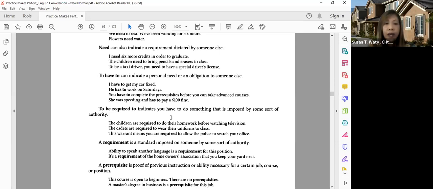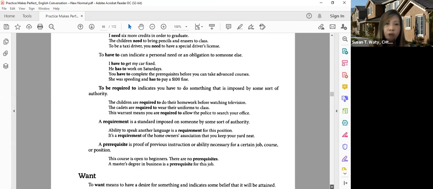The children are required to do their homework before watching television. So the requirement before watching television is doing their homework. The next one, a requirement, is the noun of to be required.